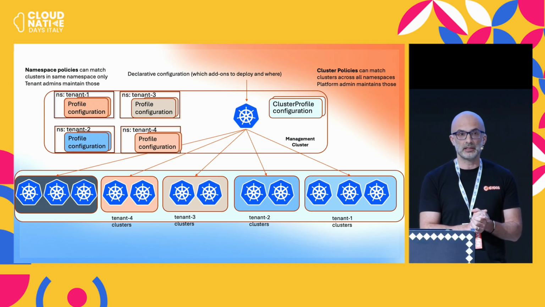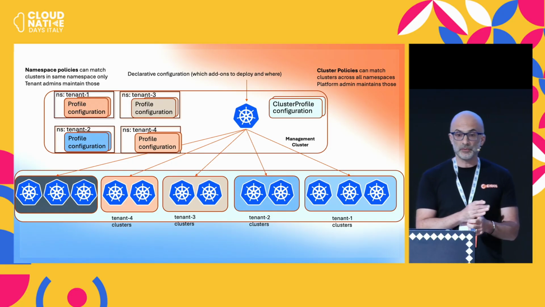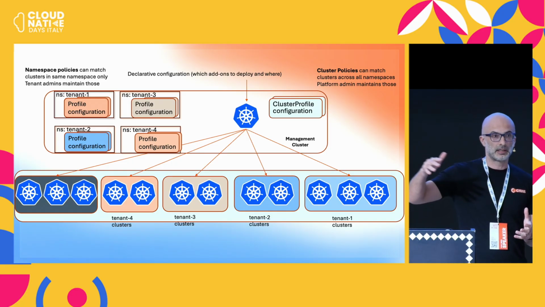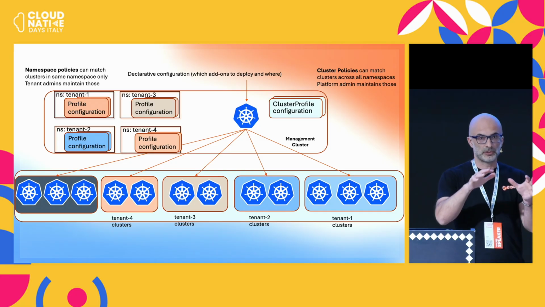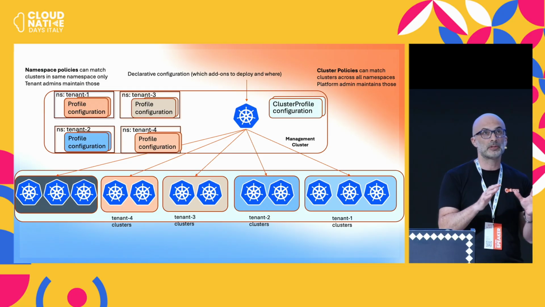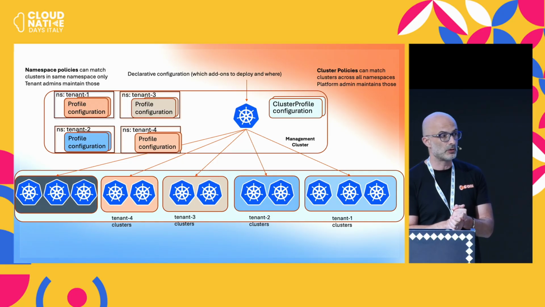And tenant 1 can decide the configuration that has to go to his clusters. So he has no vision, using Kubernetes RBAC, of the other clusters that belong to the other tenants because his visibility is limited to his namespace. He can dictate what the configuration of his own clusters should be without affecting the other clusters, yet he has a single place where he can go and control all of this configuration.